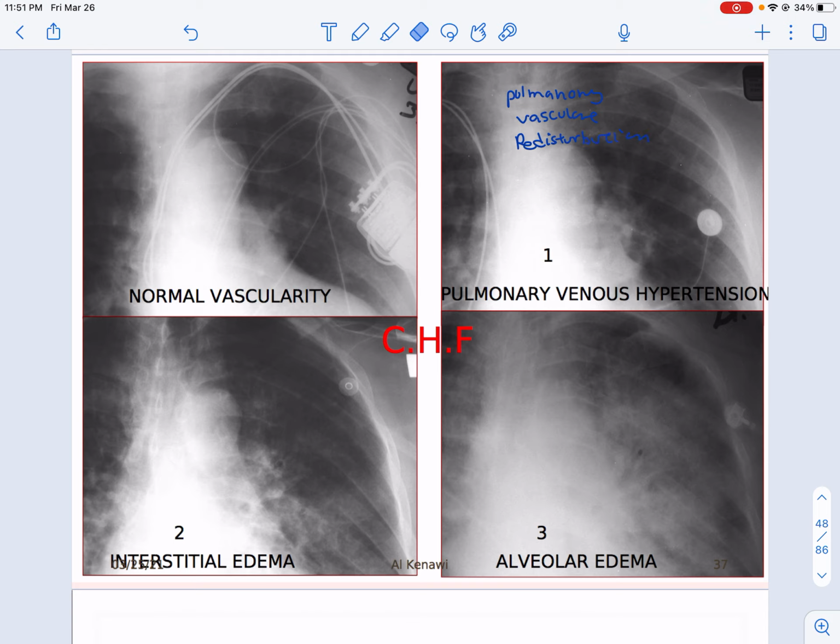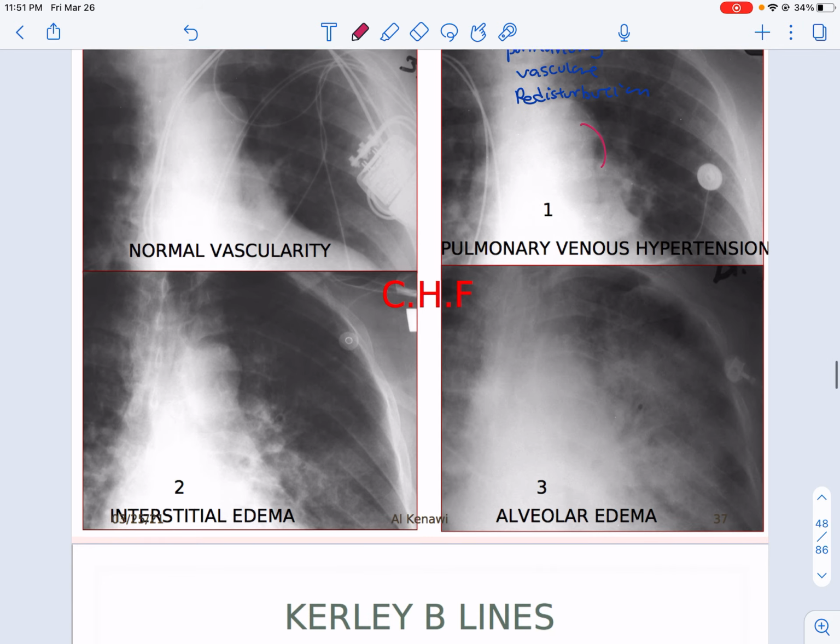And what we mean by redistribution is basically that the vessel enlarged and the size of the vessel changed, and here it becomes interstitial edema and then alveolar edema.